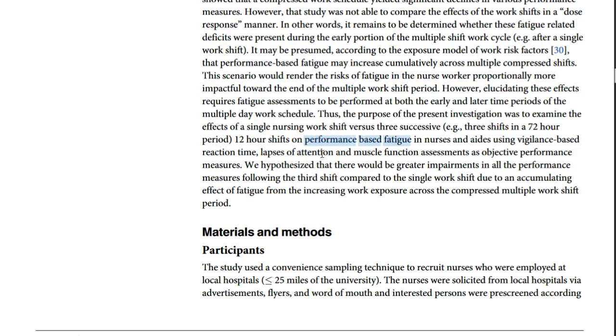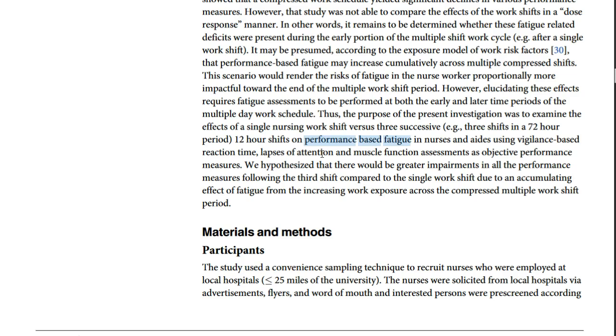Now, to be clear, anything that affects or could affect performance-based fatigue is a factor. So factors are going to affect something else. So the factors are going to affect performance-based fatigue, or possibly affect it. Now, if we are interested in that particular factor, we call it the study factor. So in this case, the one that we're interested in is 1 12-hour shift versus 3 12-hour shifts.